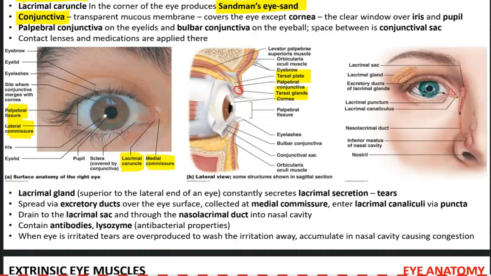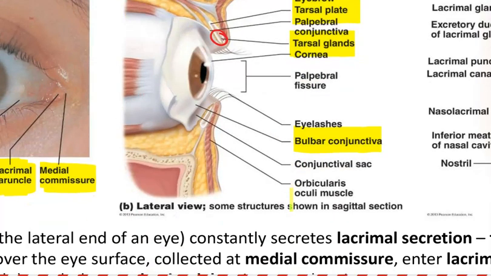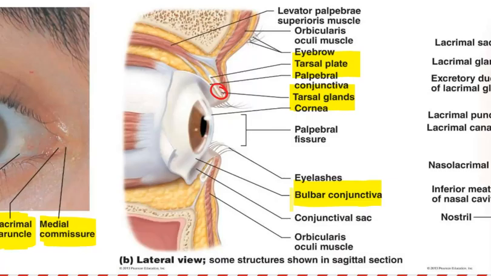So conjunctiva is the mucous membrane that covers the anterior surface of your eye. So right here, you can see that conjunctiva can be separated into two distinct parts, bulbar and palpebral conjunctiva.